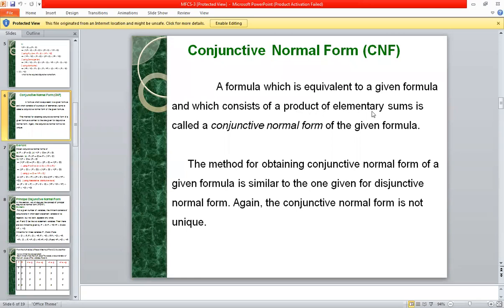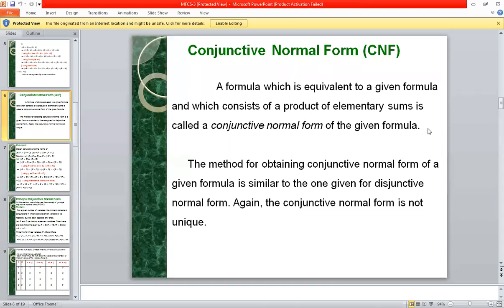Product of elementary sums means inside the parenthesis we have the OR symbol, and outside the parenthesis we have the product symbol. A product of elementary sums is called a conjunctive normal form of the given formula.